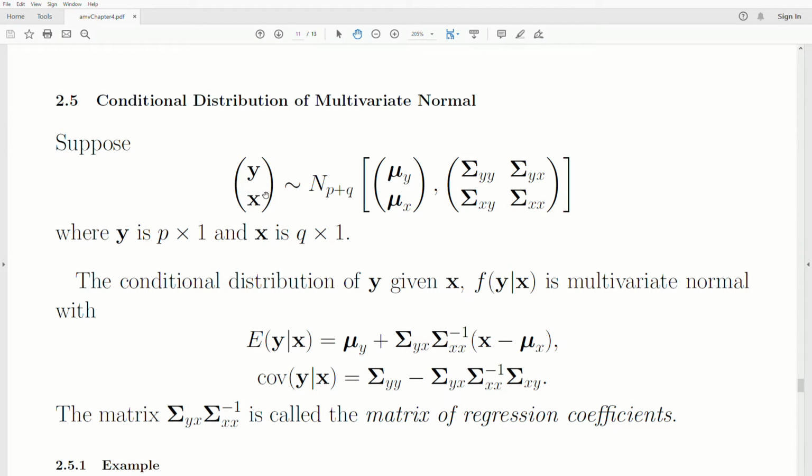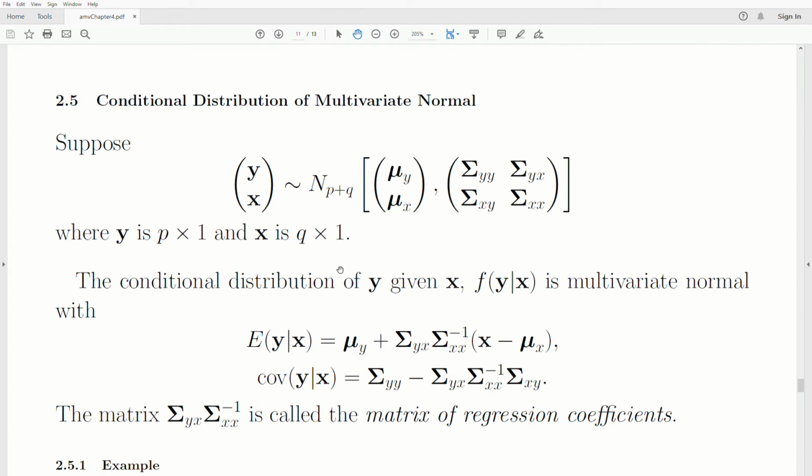Now let's suppose we have a multivariate normal that has been partitioned. The first partition consists of p variables, so it's a p by 1 vector y, and then x, which is a q by 1 vector. And then the mean vector and the covariance matrix are similarly partitioned.